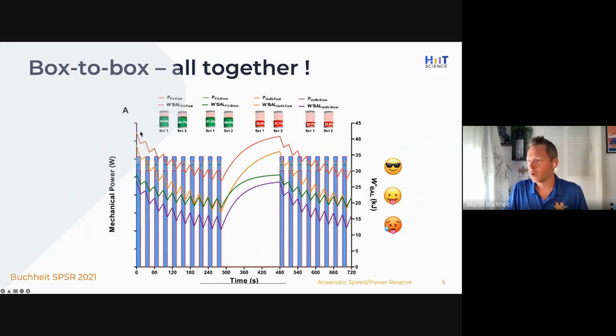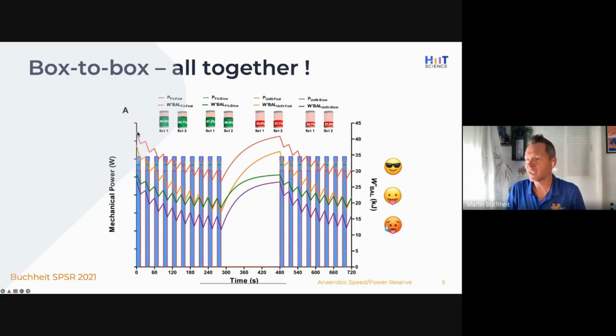The player that is both fit and fast starts with a higher level of energy, and then every time he repeats one of these box-to-box runs, he uses a little bit of his available energy, replenishes a little bit during recovery, uses it again, replenishes, uses it again.